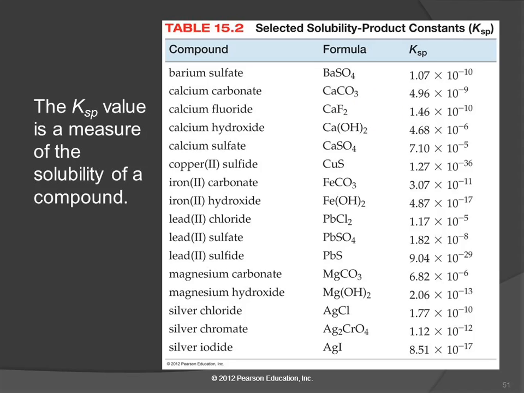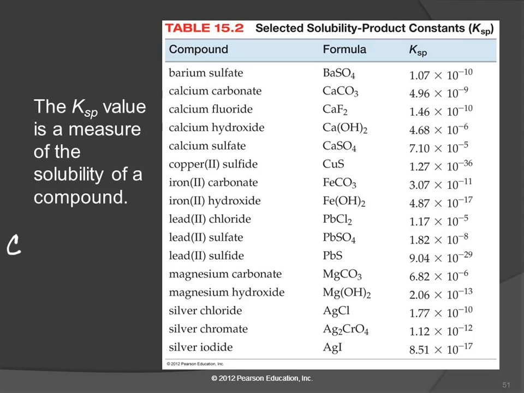Question? So what numbers are they multiplying together to get those numbers? That's a good question. Let's look at calcium fluoride. For calcium fluoride, we would first write the equation.